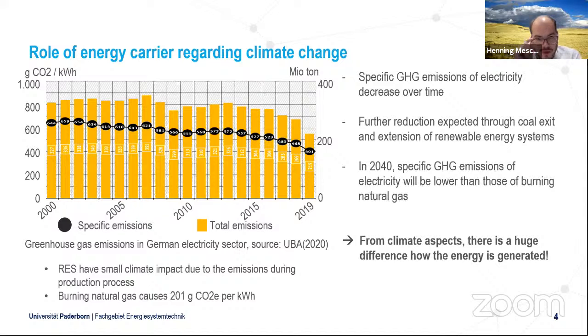So the interesting point from this diagram and these thoughts is, from climate aspects, there's a huge difference how the energy is generated, and that means there's a huge difference which kilowatt hours we should replace, or whether it makes a difference if we make a process fired by natural gas, or a process driven by electricity, more efficient.